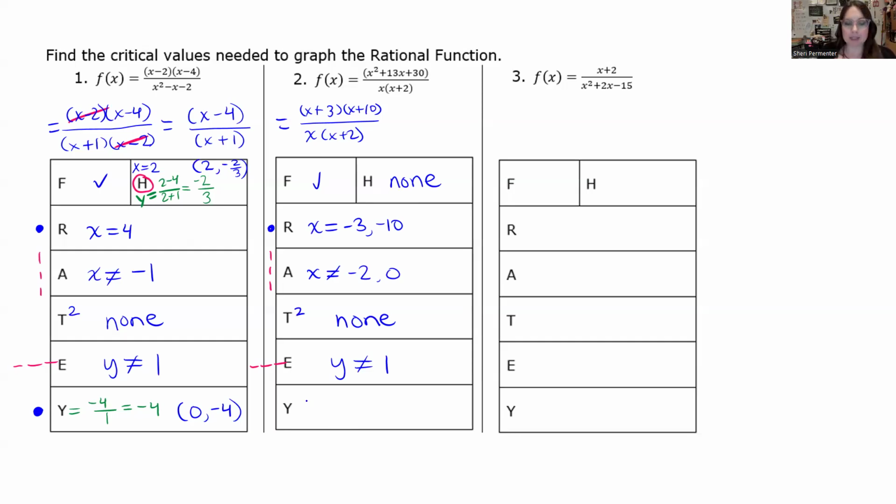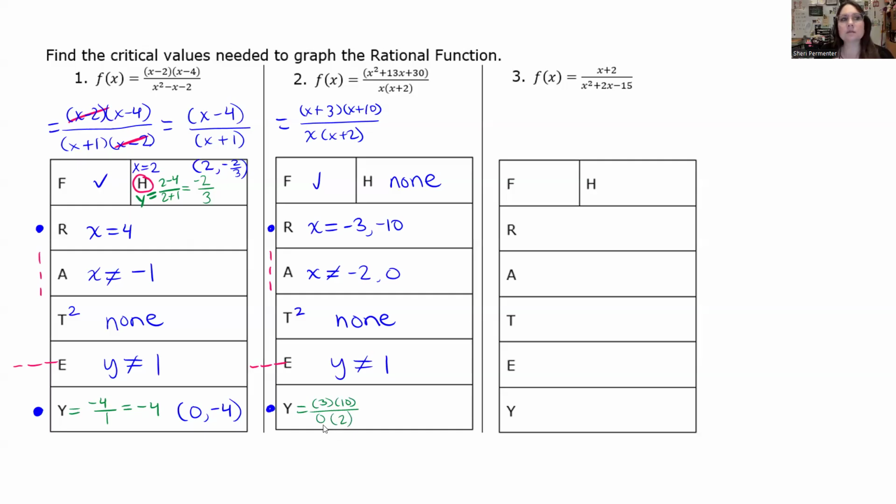My y-intercept is going to be a point on the graph. So I am going to plug in 0 for each one of the x's. And when I do that, in my numerator, this is going to be 3 times 10 because the x's don't matter. They're 0. So it's going to be 3 times 10 over 0 times 2.